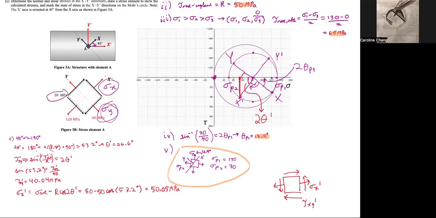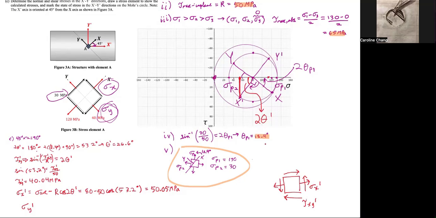Now we did forget to do one step, and that is to calculate sigma y prime. So sigma y prime is going to be the location over here. This distance over here, or rather from the x-axis, the distance it takes to get here. So we can calculate that as, wait, what are we?